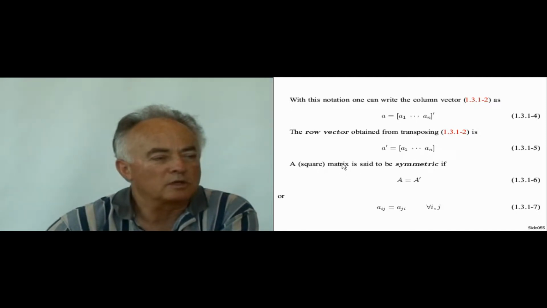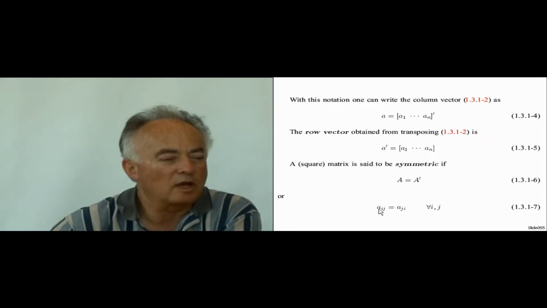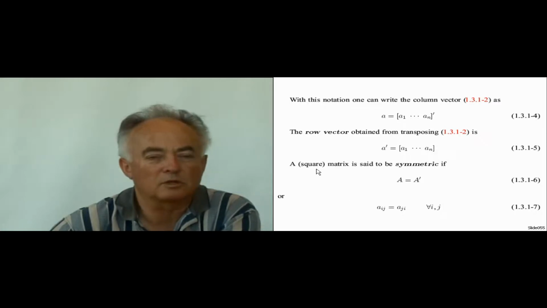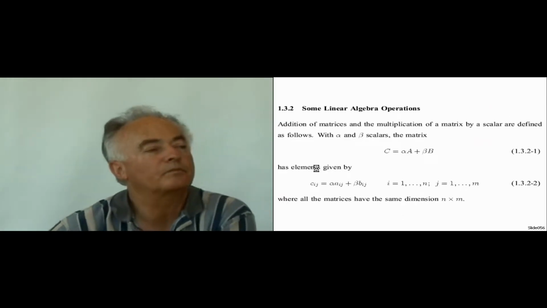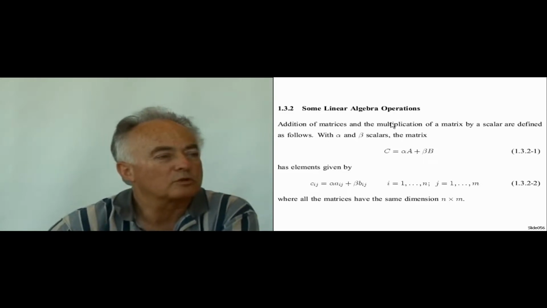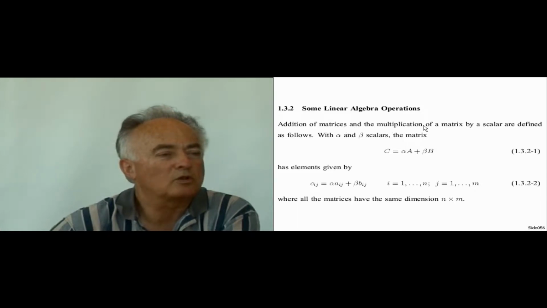A square matrix is said to be symmetric if A equals A prime, or A transpose, in which case Aij is the same as Aji, and obviously the matrix has to be square. Some of the operations are as follows: addition and multiplication of a matrix by a scalar.